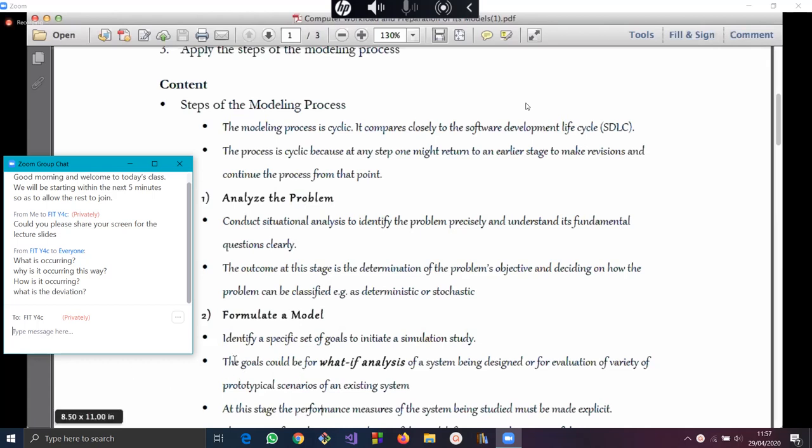So these are quite a number of scenarios, a number of goals that I must set. So that's what you do in identifying a specific set of goals. Those things that when they occur lead to something, which then now the goals could be for what-if analysis. So it's important to put this statement, which is in bold, because it is very important: what-if analysis, which is exactly what I was saying.